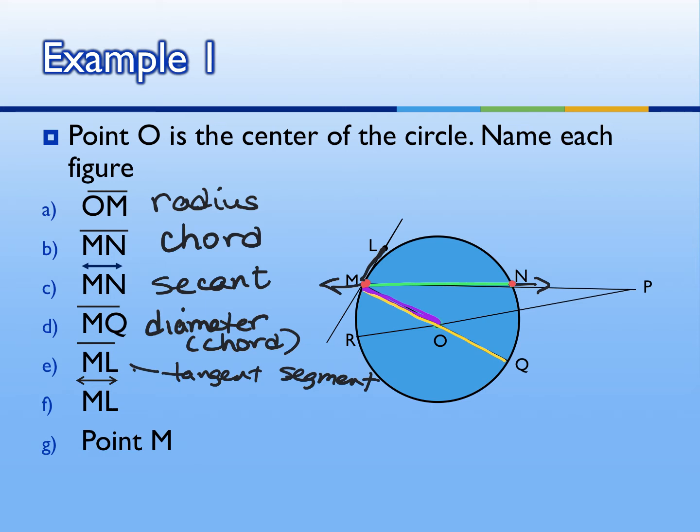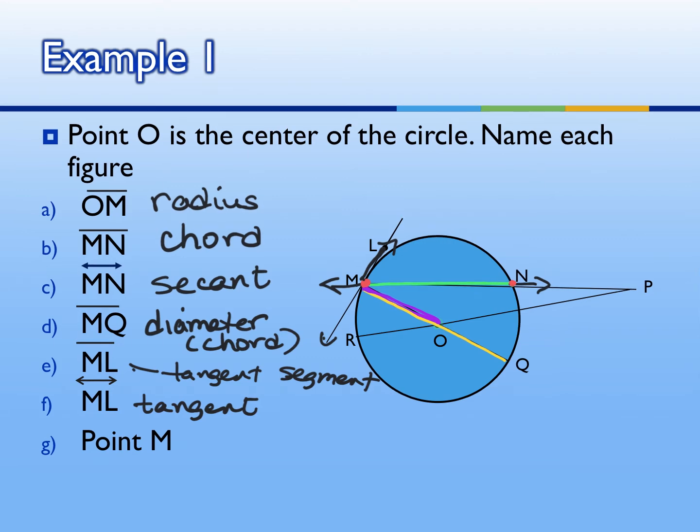If you would just tell me that this is a tangent, you would get it wrong because by definition, a tangent is a line. So when there's a picture of a segment on top of the 2 points, you need to name it as a tangent segment. Now the next one has the picture of the line, so this one would just be tangent. So know the difference.